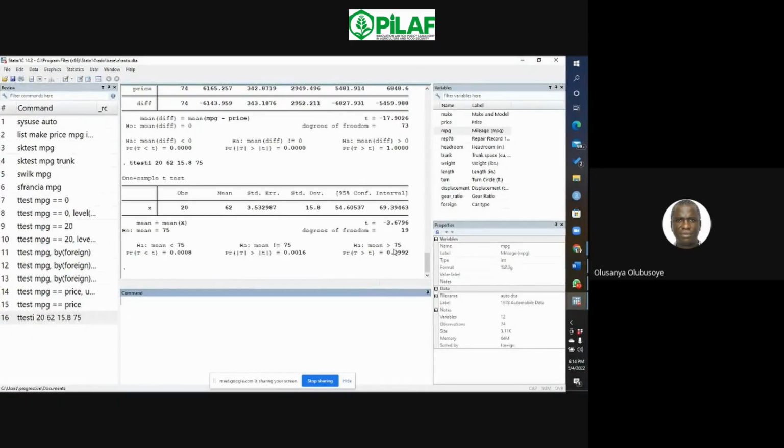And of course, you can reject the null hypothesis in this case. And therefore, this test gives an indication that it is true that the mean is not equal to 75, but it's lower than 75. That is the conclusion based on this.